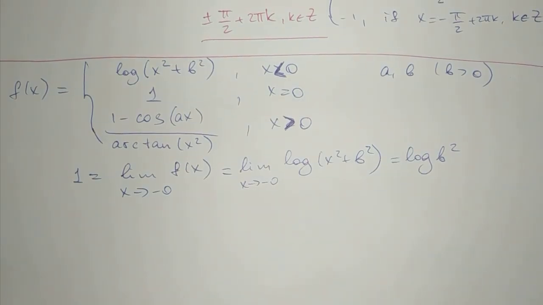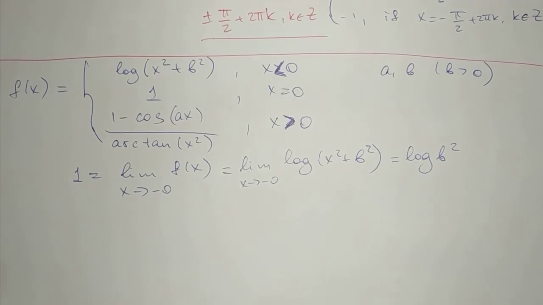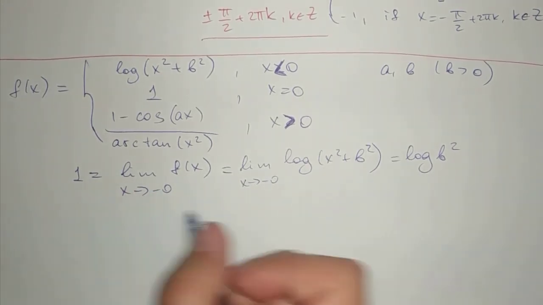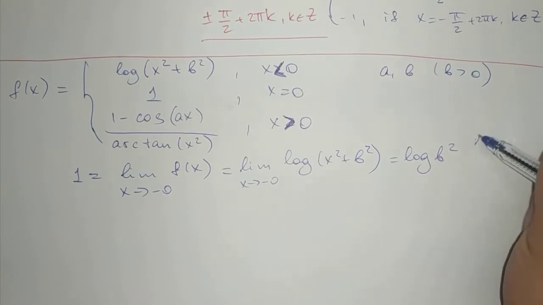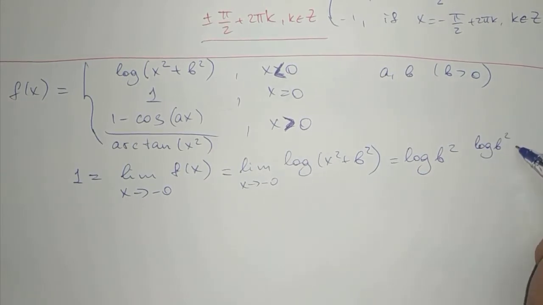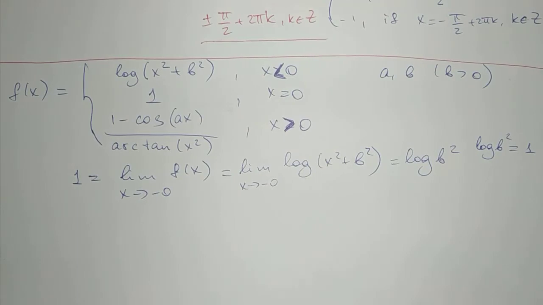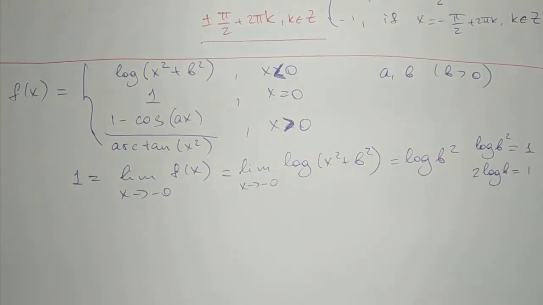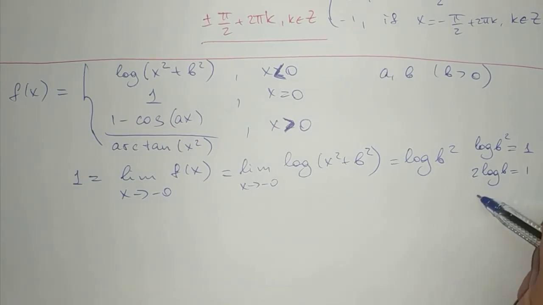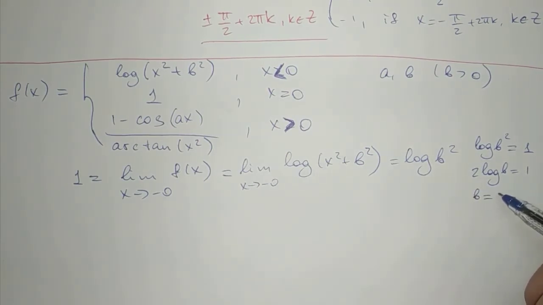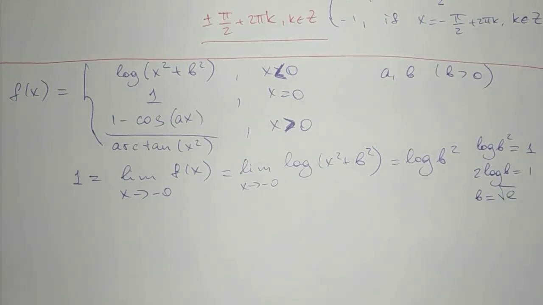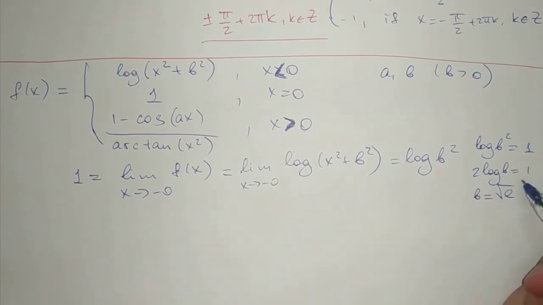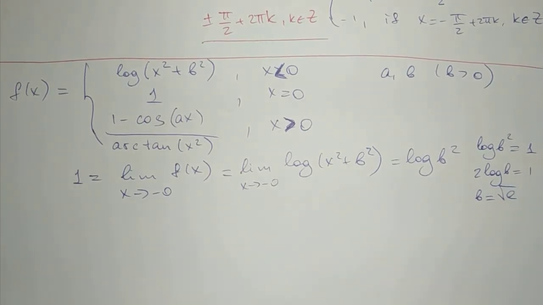So we can solve here now. Logarithm b squared, it is 1. It means 2 logarithm b is 1, or b is the square root of the number e, because here we have logarithm b is 1 over 2 and b is square root of e.